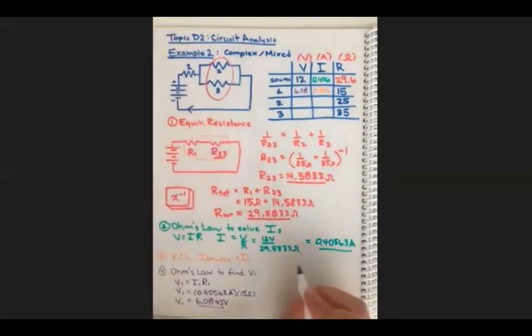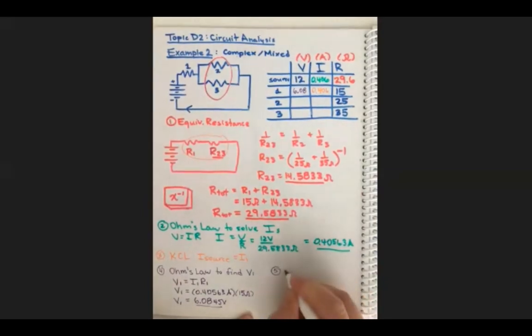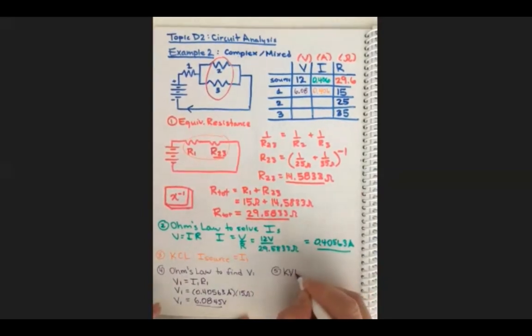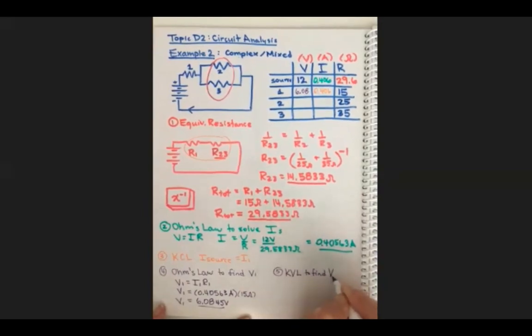So for step 5, we can use KVL to find V2, and actually V3. So if we know V source is equal to V1 plus V3, we know V source is 12, and we know V1 is 6, or 6 and a bit, so then we can find V3.